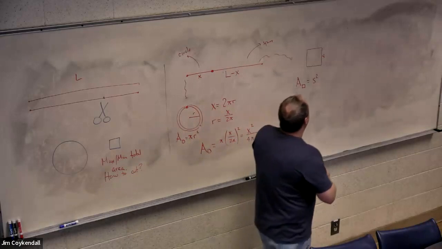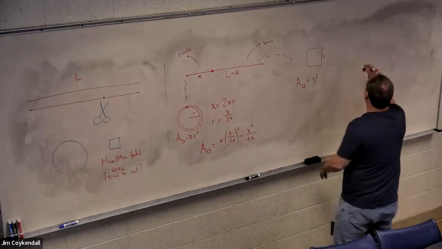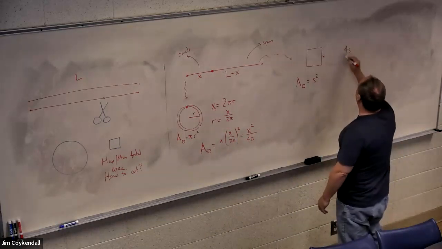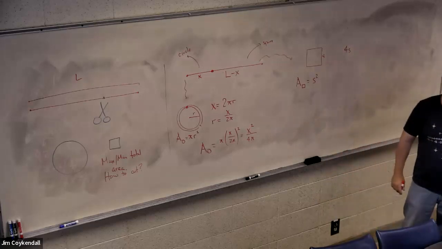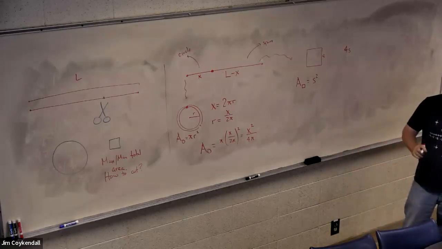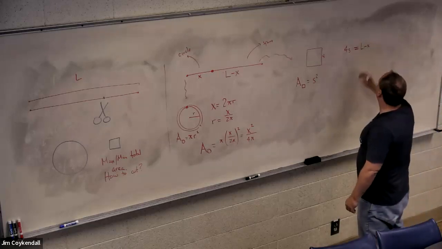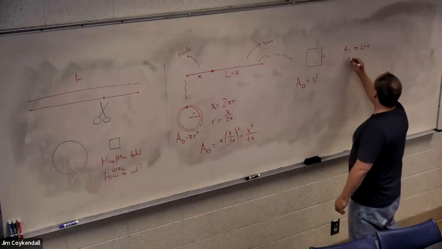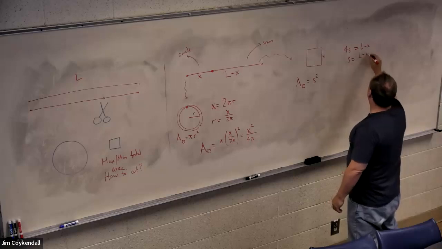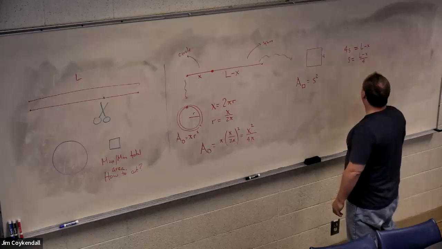There you go. The perimeter of the square is 4 lengths of S. Everybody agree with that? But it's also the length of the wire, which is L minus X. So I get S is L minus X over 4.